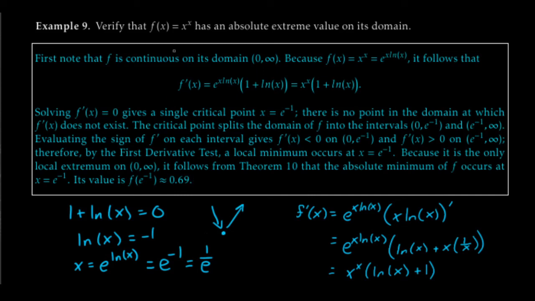I don't think it's obvious just by looking at the function that x to the x has an absolute minimum on its domain. And more so, if you just look at it, there is nothing to suggest that it should be 1 over e. That's kind of wild. That's a pretty cool fact. So these are relatively powerful tools, even though they seem kind of obvious.